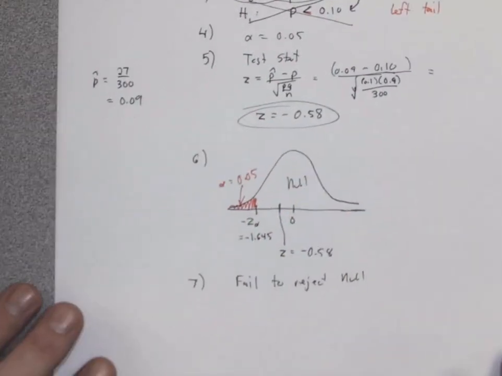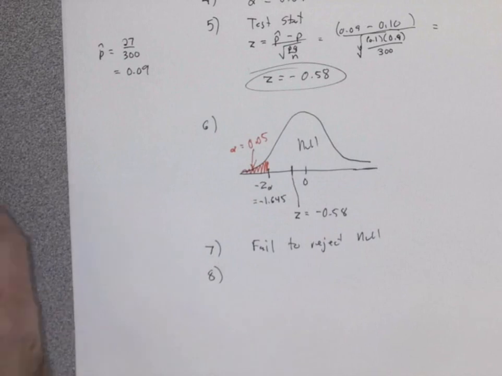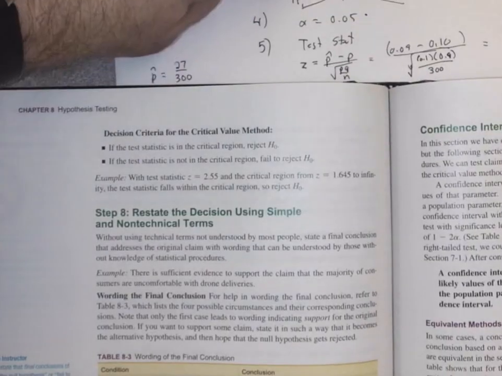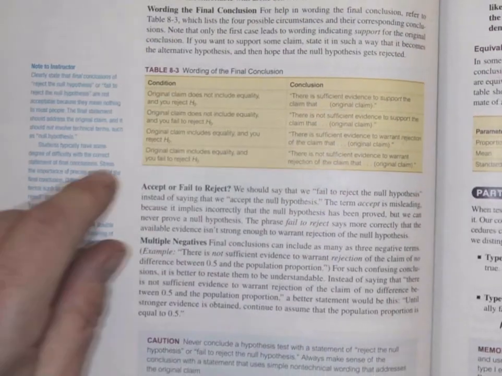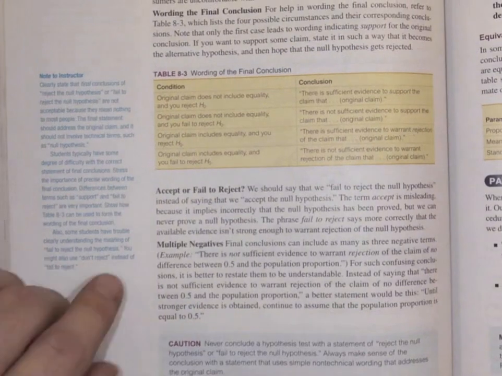Now let's see how we say the claim is wrong, because there's some wording for that. Back to the wording. The original claim does not include equality. So we're in the top 2, and we failed to reject the null.